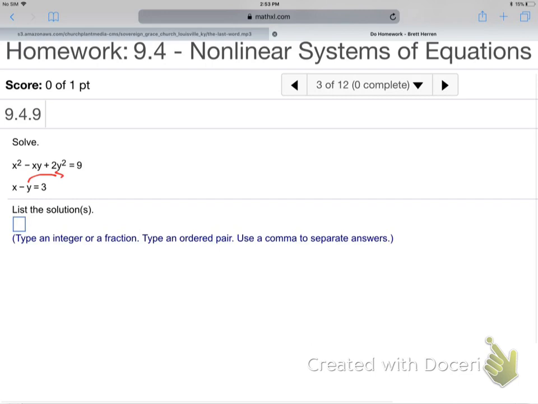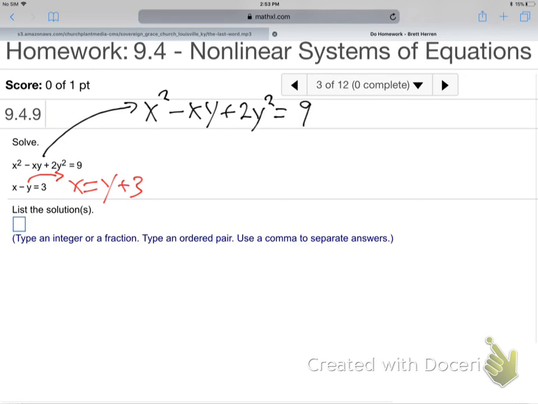So jump the y over. x equals y plus 3. And take that y plus 3 and put it in.